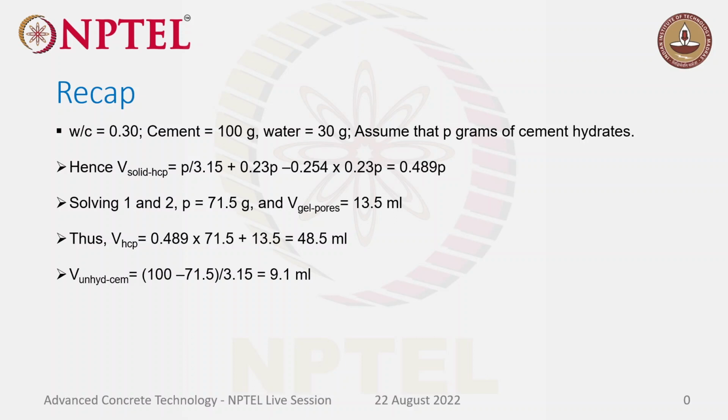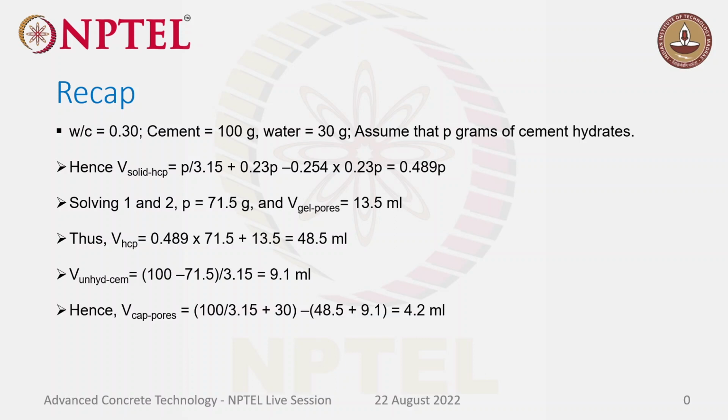It's very easy: 100 minus this 71.5, which will be around 28, I suppose. Then you have to divide it by the specific gravity of cement to get it as a volume, which is nothing but 9.1 ml.